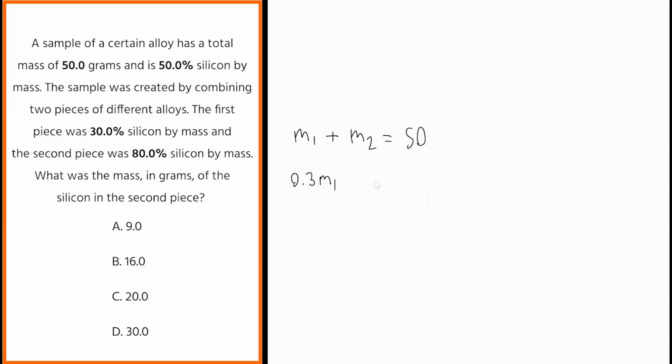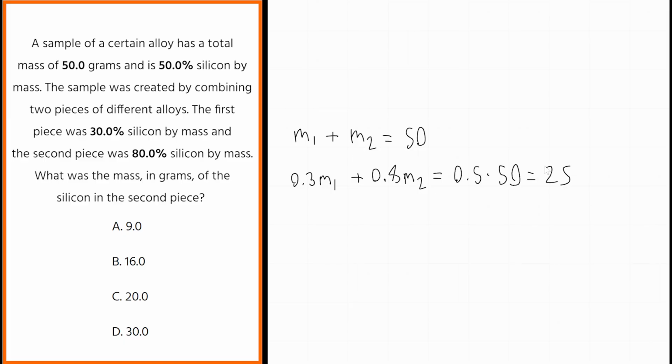And the mass of the silicone in the second material is 0.8 M2, and if we add those together, we get the mass of the silicone in our final material, which is 50%, 0.5, of our 50 grams. And of course, 0.5 of 50 grams is equal to 25.